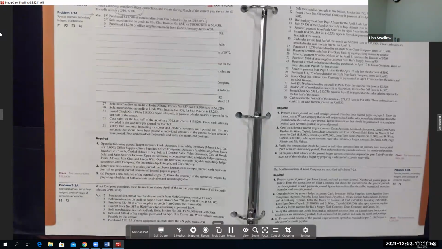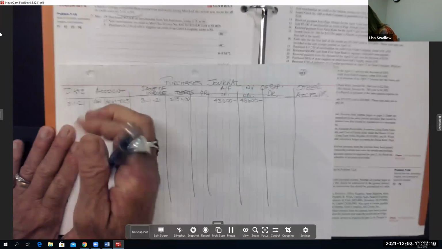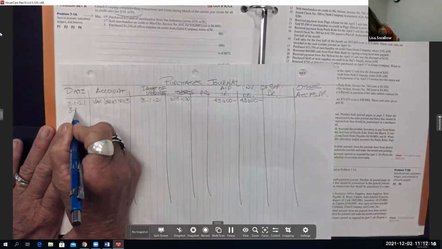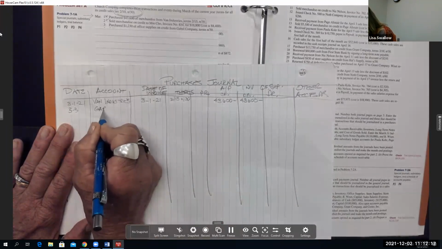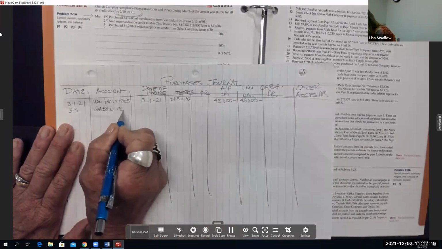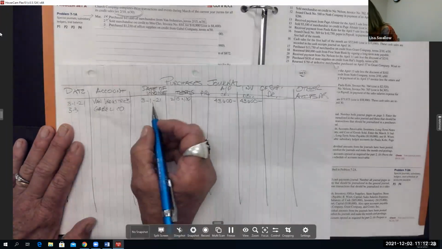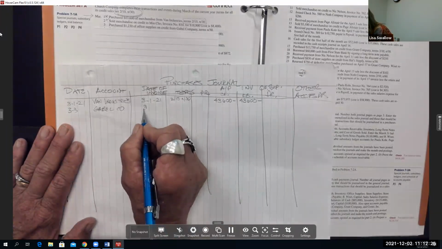So first off, what journal am I in? The purchases journal. Yep. Walk me through what you wrote. I put the date, March 3rd, the account is Gable Co. For the invoice, I wasn't sure if I should just put March 3rd again. Unless they give you something different, let's just use the date of the transaction. They did terms net 30.